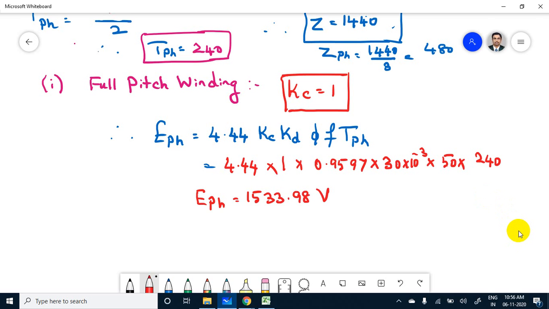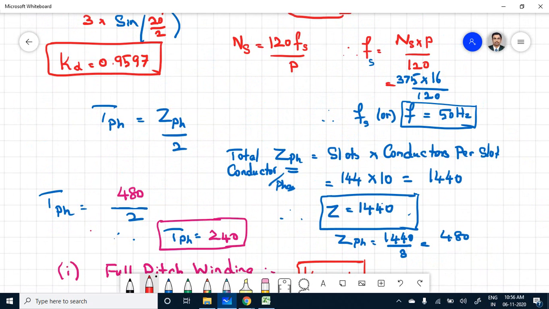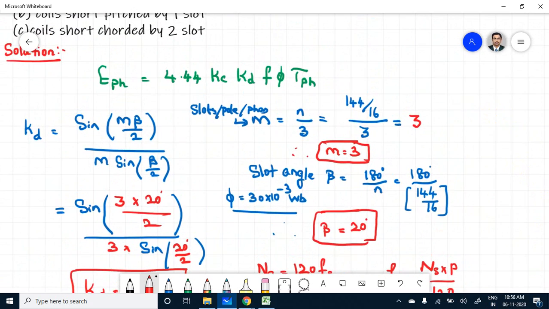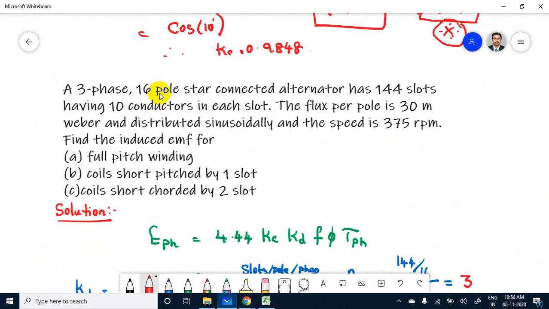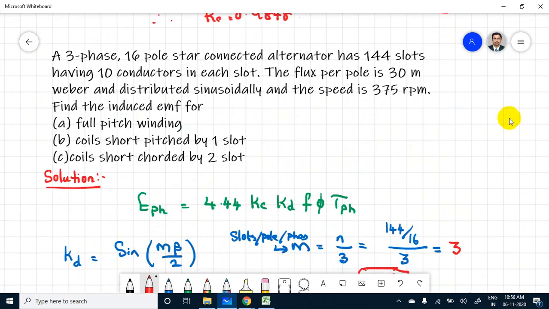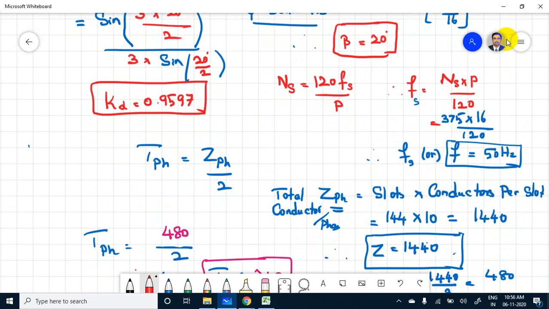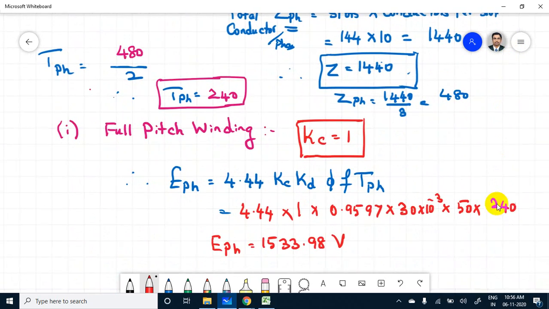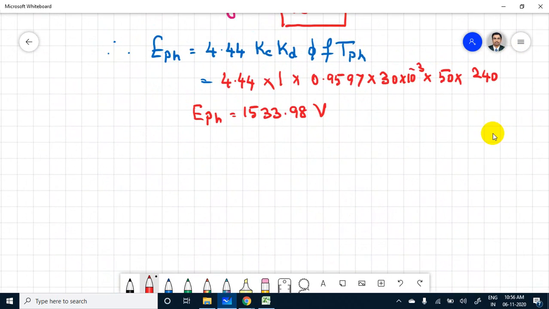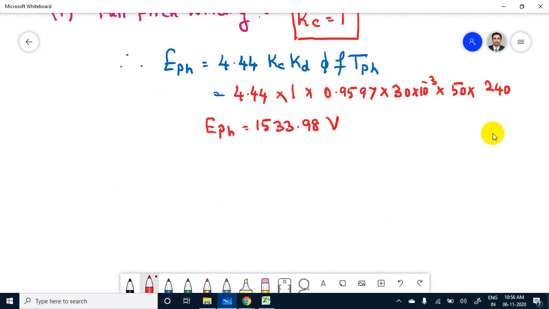Okay, now go to your problem. As per your problem, you see the question: a 3-phase 16 pole star connected alternator. You already know the basic idea about star and delta connected. This is the star connected alternator: R, Y, B, this is neutral.